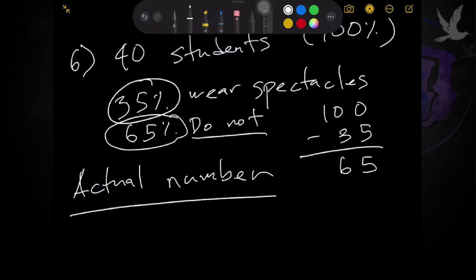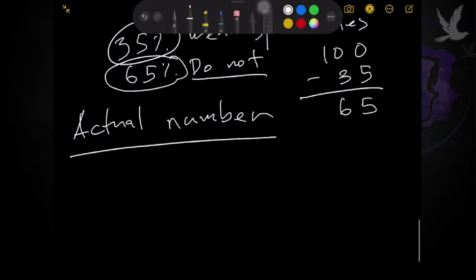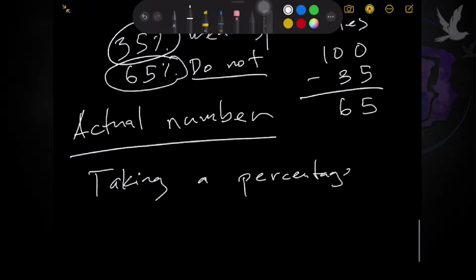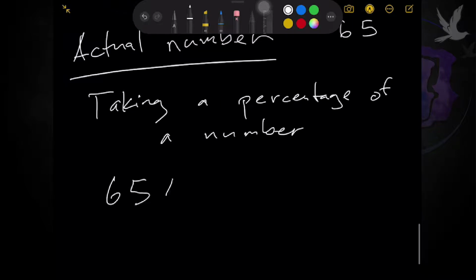So, paano natin ngayon kukunin to? Remember yung the last video that I sent you, taking a percentage of a number. So which means to get this answer, all you need to do is just to take 65%.